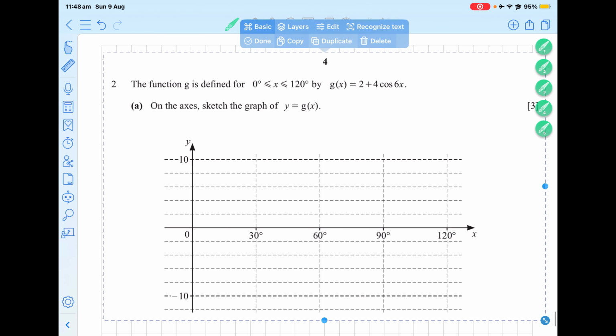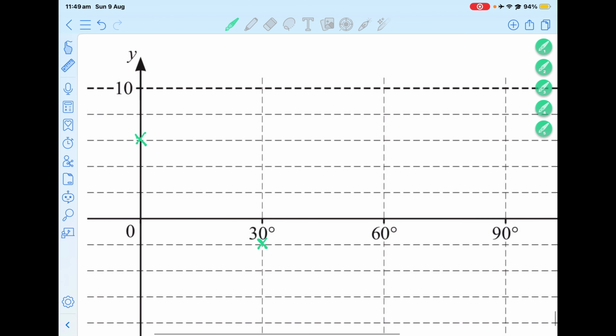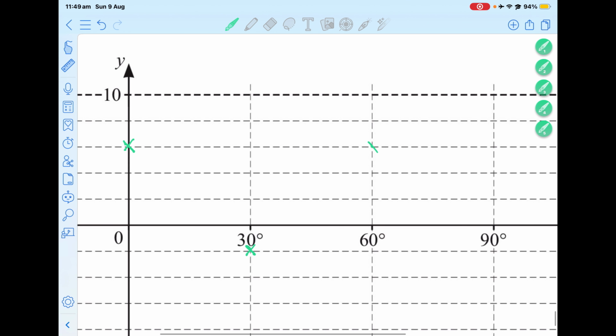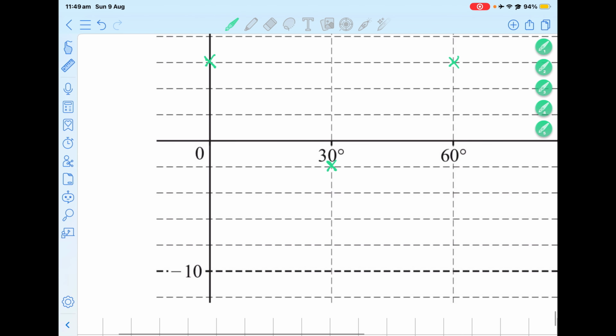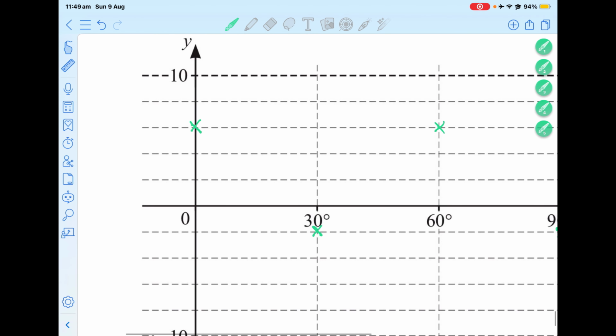So at 0, each of these lines is 2, so 2, 4, 6. At 30 it's at -2, at 60 it's 6 again, then -2, and then 6 again. So this means that this information will not be enough, so you should crank it down to like 15. So at 15 degrees we have 2.